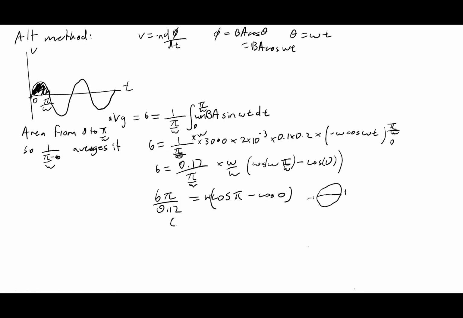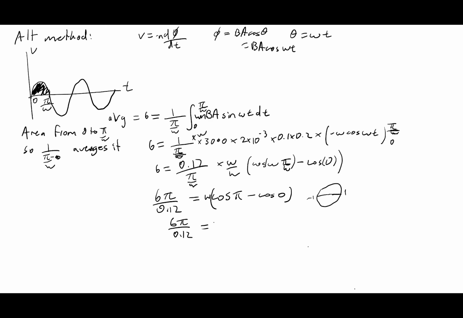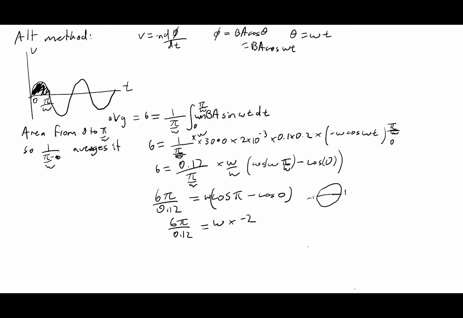So omega times -2, but we absolute it. Oh, there was a negative there anyway, so it's +2.